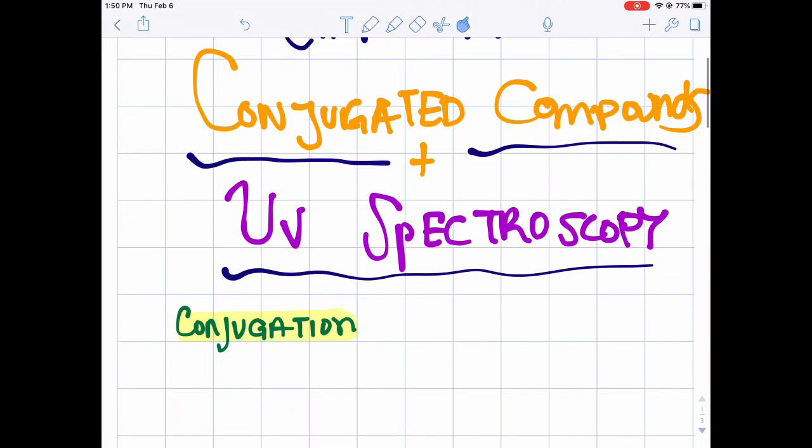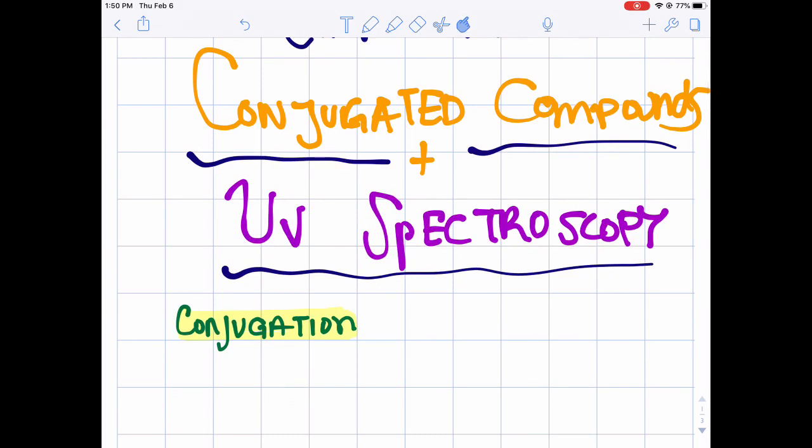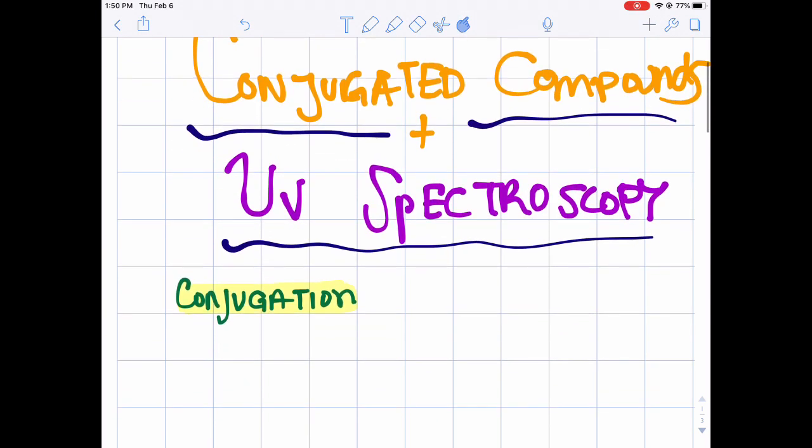So the first concept that we must cover for this chapter is the concept of conjugation.